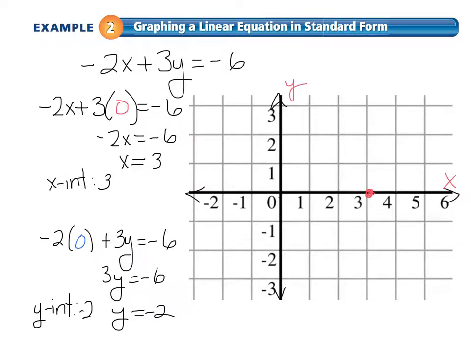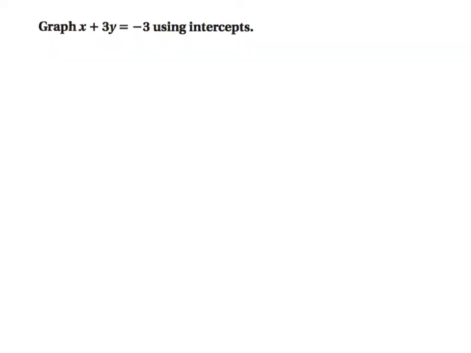That means my y-intercept on my graph is negative 2. I then connect them. And it actually should be a little better than that. And that's okay. You would use a ruler and graph a line that goes through negative 2 as the y-intercept and positive 3 as the x-intercept.